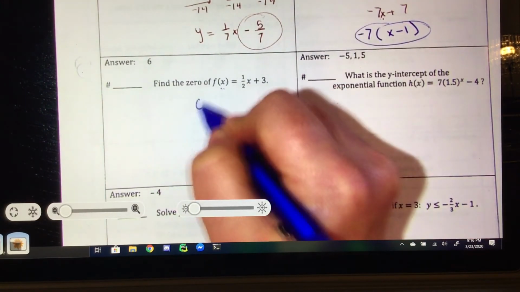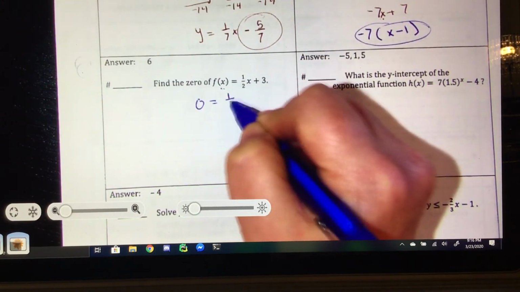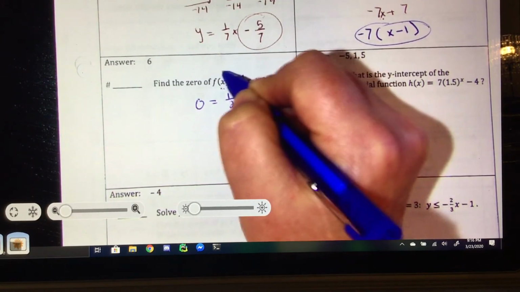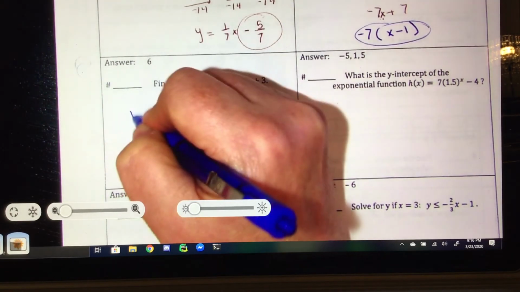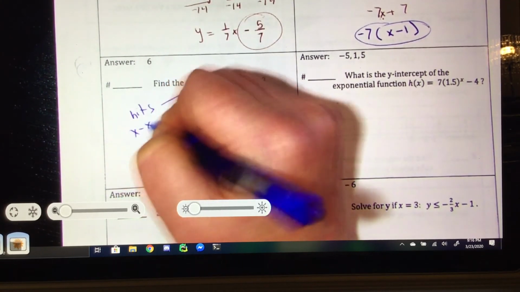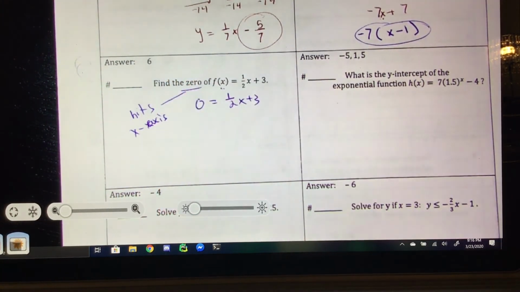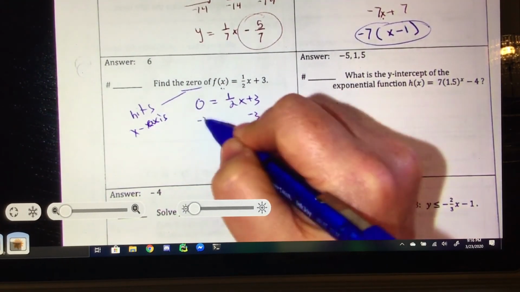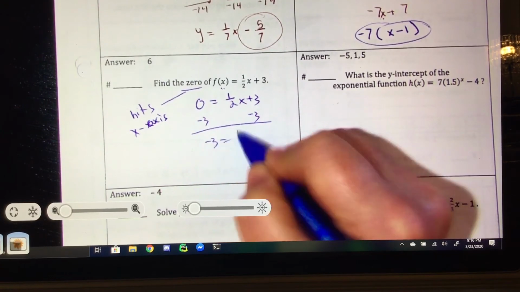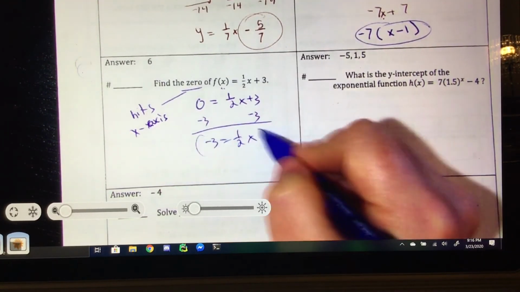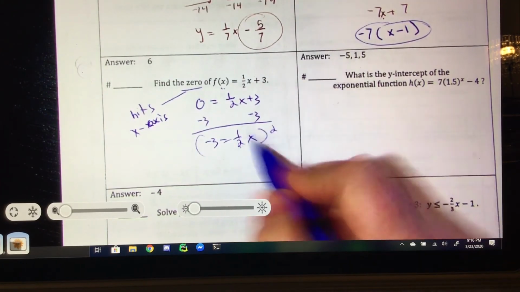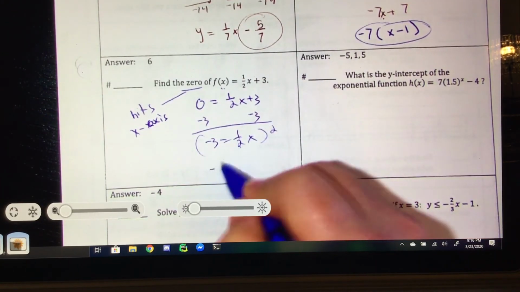So I would have 0 equals 1/2 x plus 3, because when it says find the 0, it's where it hits the x-axis. And then you solve. Subtract 3 from both sides. You get negative 3 equals 1/2 x, and then multiply both sides by 2 to get rid of the 1/2. So you would end up getting negative 6 equals x.